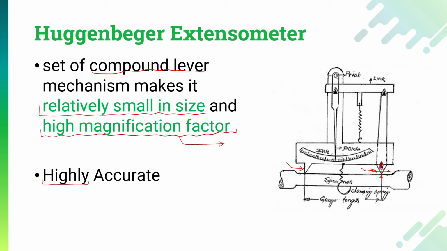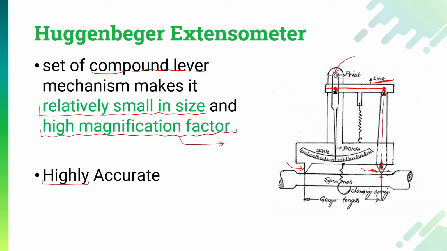As you can see, the second end of this lever mechanism is attached with a link, and this whole link is attached with the second set, which is a pointer, and this pointer is attached with a pivot available over here.